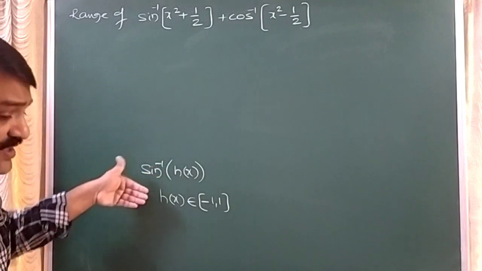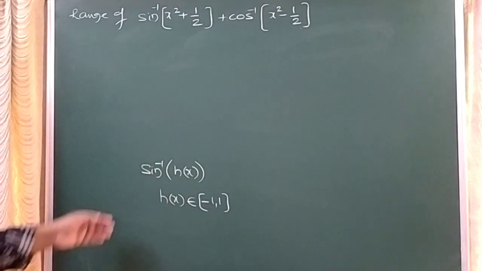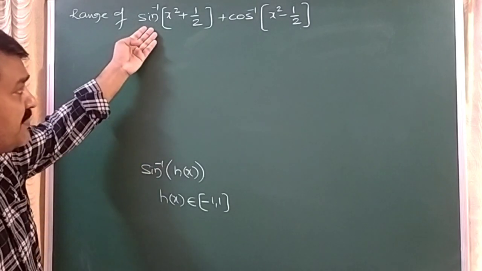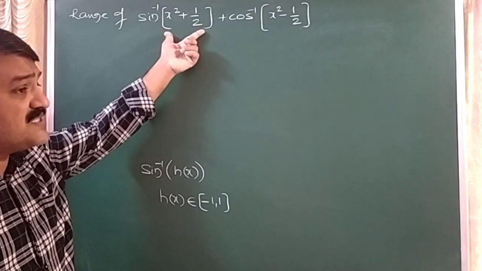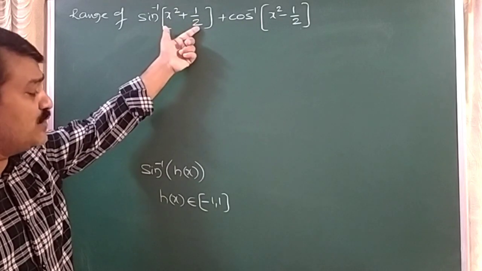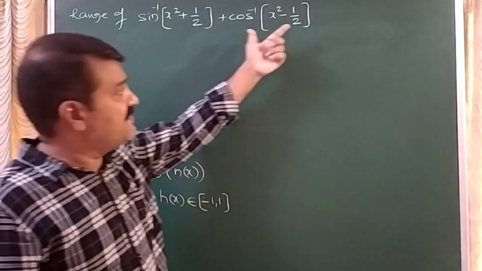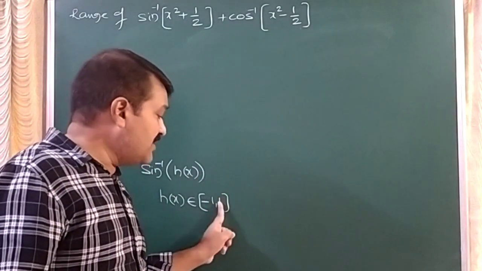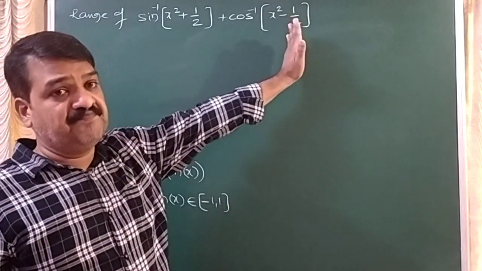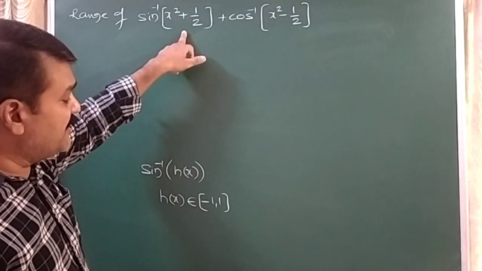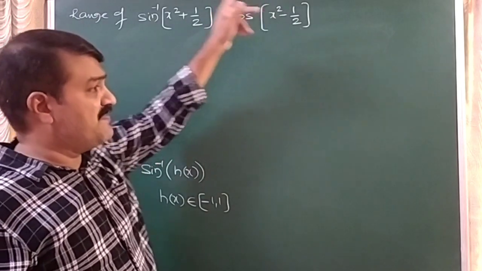So using this concept, this particular term is defined only when step of x square plus 1 by 2 is between minus 1 to 1. Similarly, if this term is between minus 1 to 1, then only this is defined. So both are defined when this bracket is between minus 1 to 1 and this bracket is between minus 1 to 1.